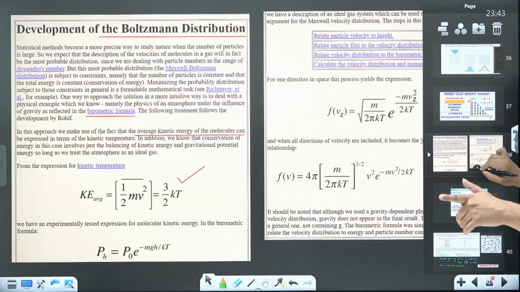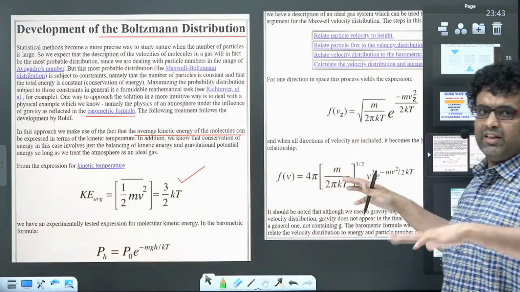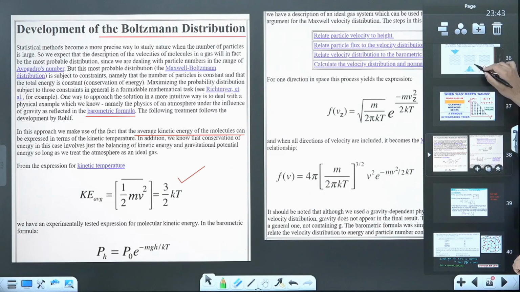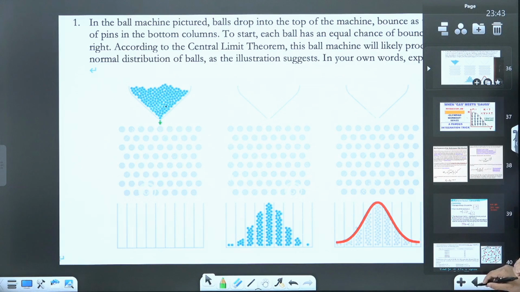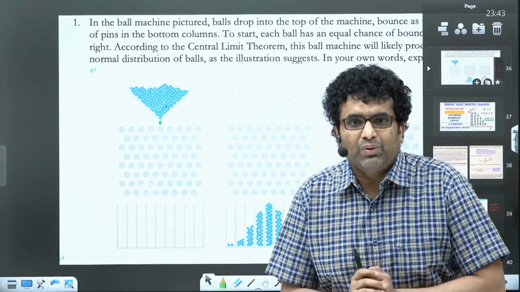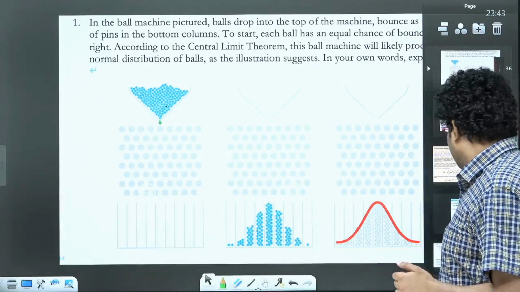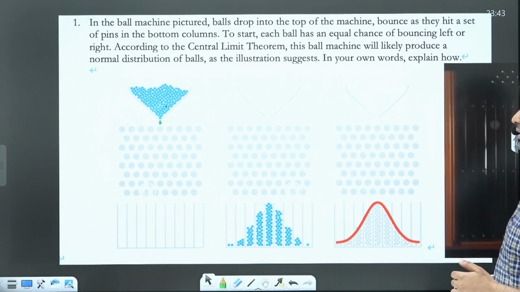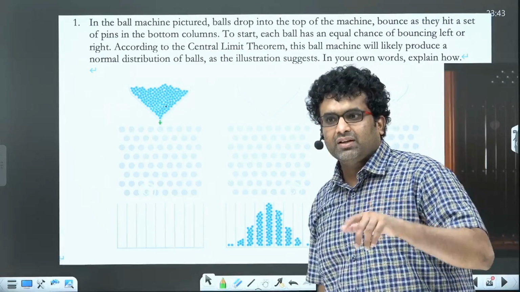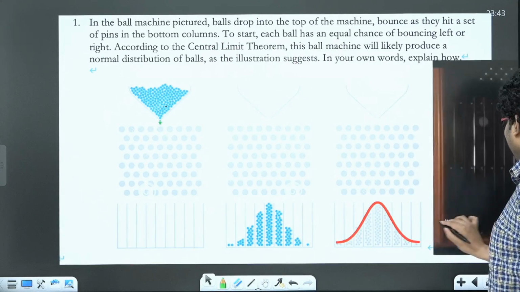We already discussed how the Maxwellian or Boltzmann distribution is arrived at. In this particular slide we saw the importance of how distributions come about, and I gave you a simple example of the Gaussian distribution, how it arises where balls are falling. And I always love watching this one.